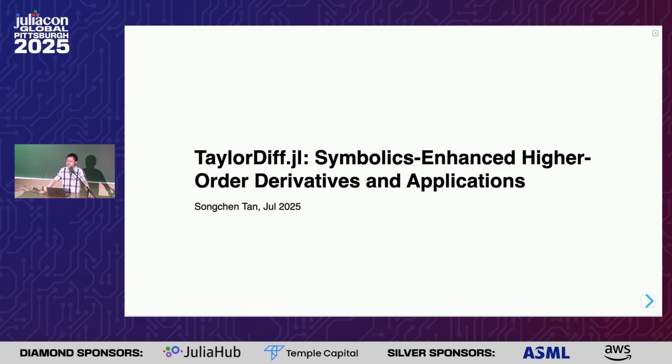Okay, this is actually a great question. Right now, the TaylorDiff package will work with complex numbers, but only for analytical functions where you don't have something like z bar. So in this case, you can just treat the complex numbers as real numbers.